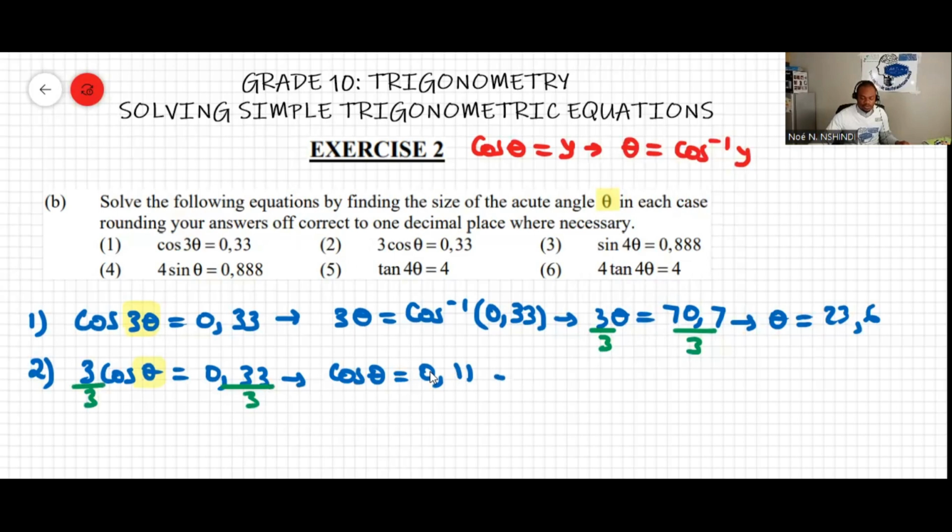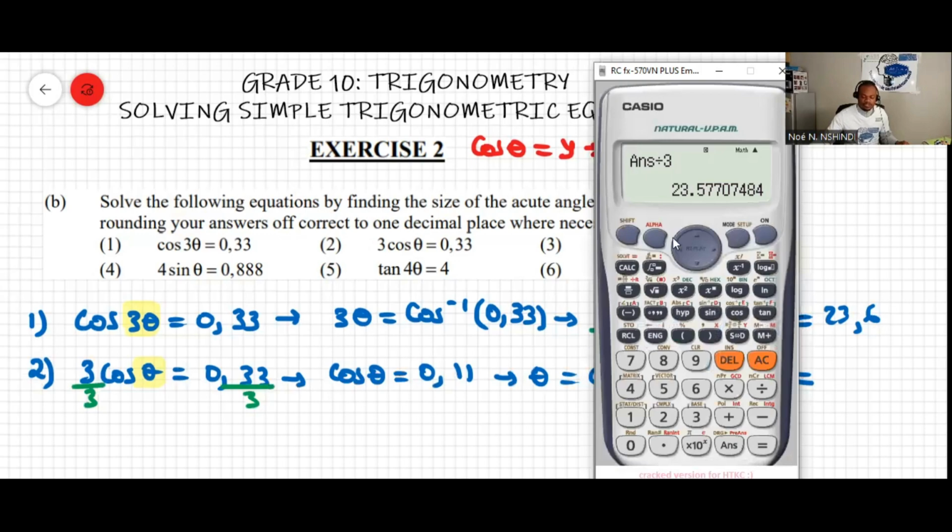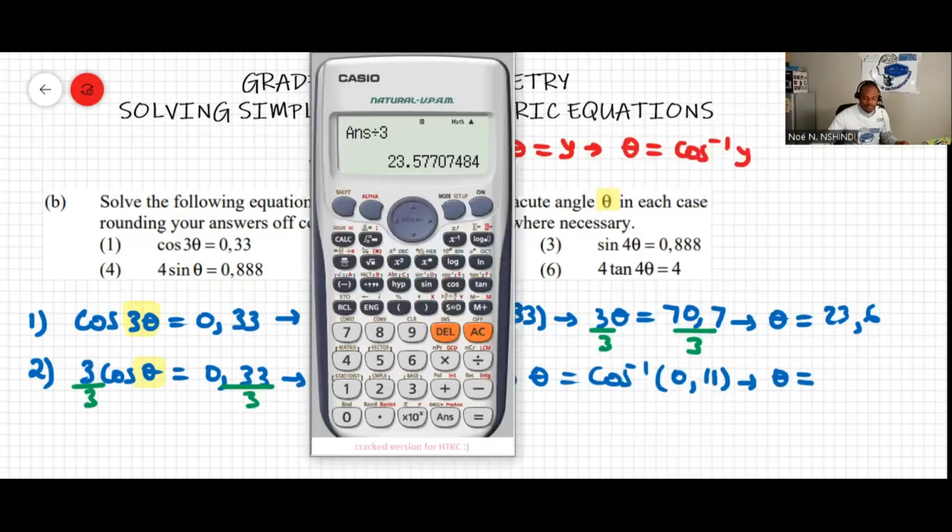Now we can do theta equal to cos minus 1 of 0.11. We press the shift button, and then we press cos, and then we press 0.11, close bracket, and then hit equal.